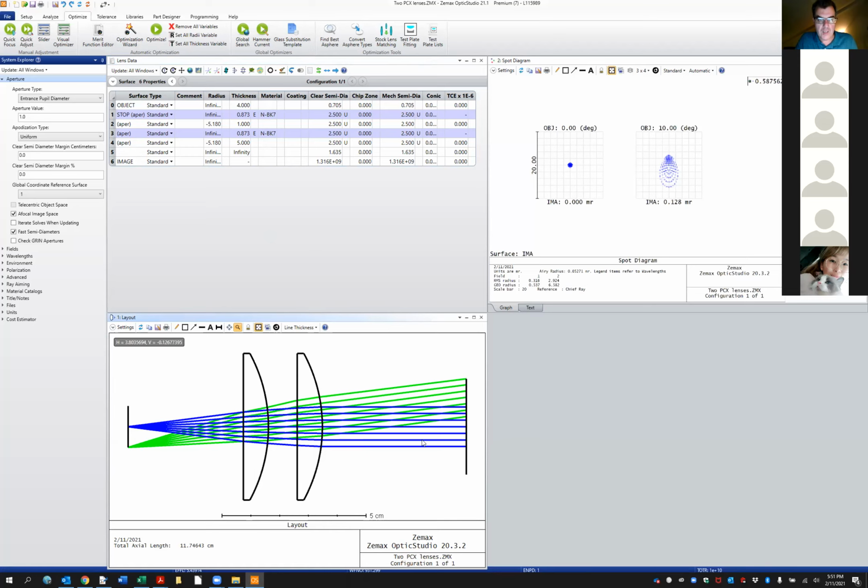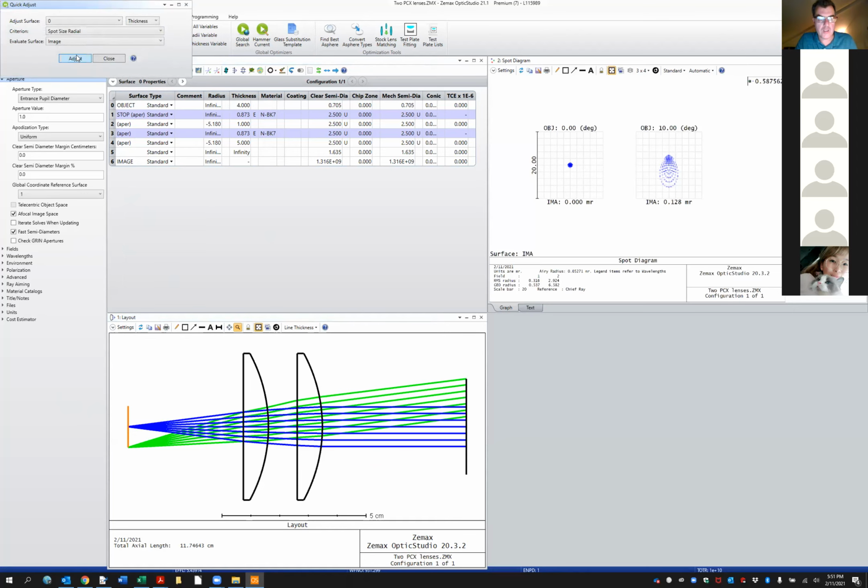We're just going to visualize this part of the path. And then we're going to tell it to adjust this thickness. We're going to select that thickness and then go to quick adjust, and we're going to tell it to play with that. And it says 3.987.